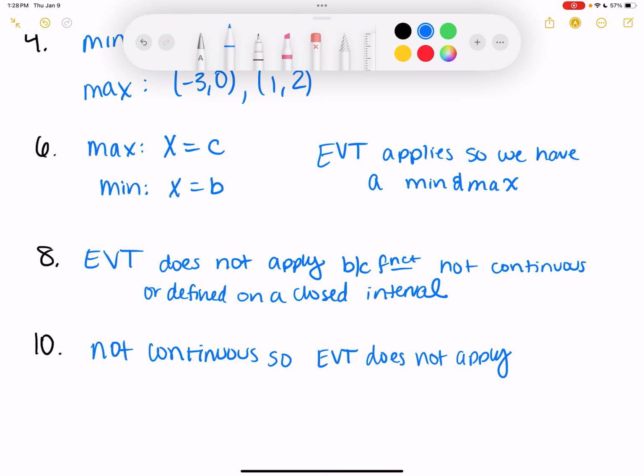Our max is going to be at the highest point on our graph. The max is at x equals a because that's the highest point on the graph.